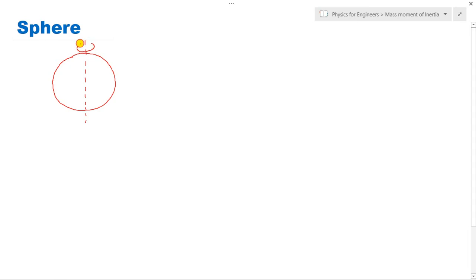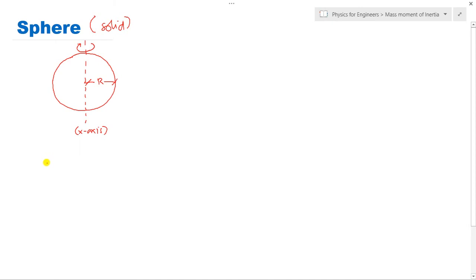Let's say it rotates about this axis. We just call this one the x-axis. Of course, let's say this sphere is solid. So, a solid sphere with radius r. The r that we put here is the fixed value. But during our derivation, let's just assume a small letter r, which is a variable.